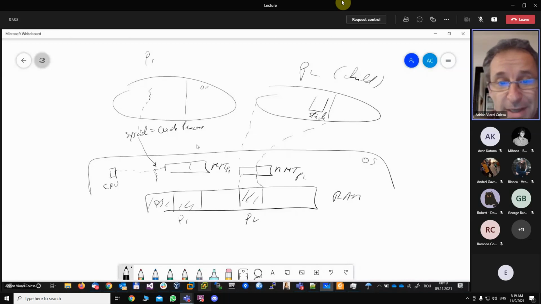But if the OS wants to access that memory of P2, it cannot do that directly, because that stack will be at a virtual address in process P2, but the OS is running in the context of P1. So the CPU is using these memory mapping tables.